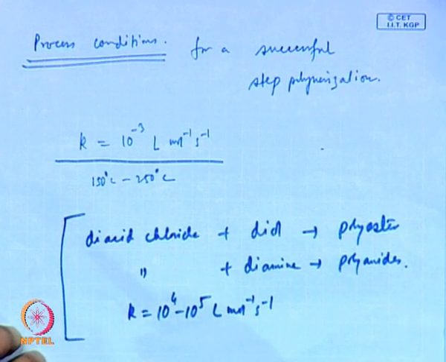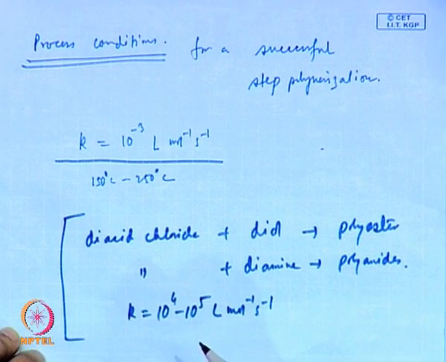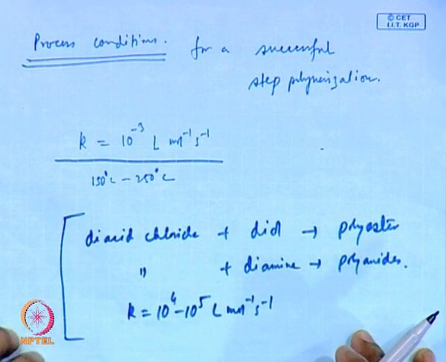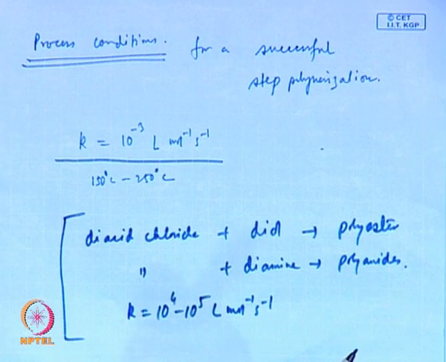The fastness of these reactions has been used in making polymers by interfacial polymerization, and I will come to an example of interfacial polymerization.